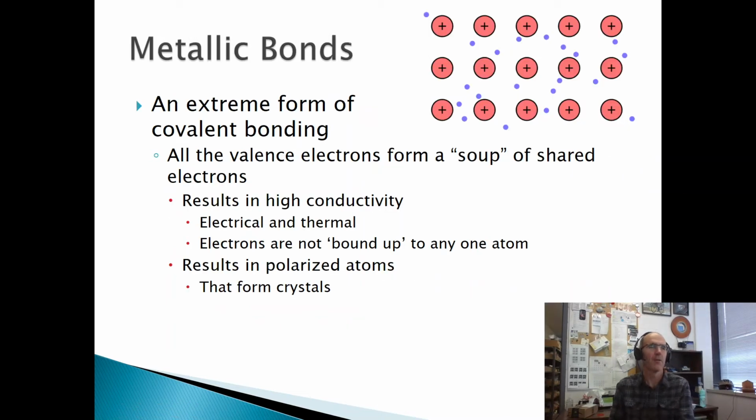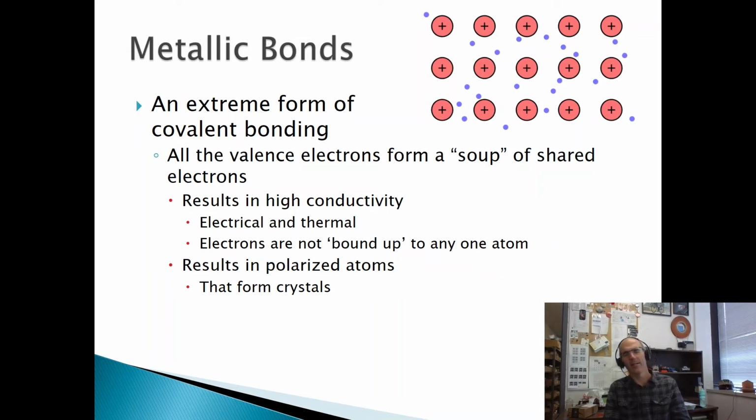Okay, so we've talked about ionic bonds, where you actually transfer an electron from one atom to another, covalent bonds where they share an electron, and then we've got this type of bond called the metallic bond. That would be our third main type of bond. And it's kind of like the ultimate in covalency.